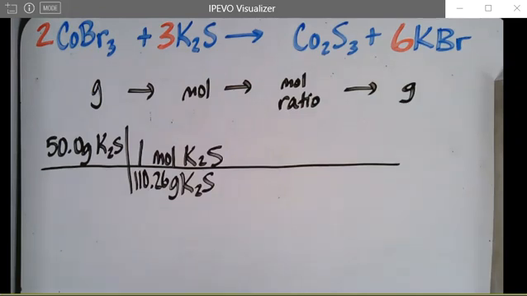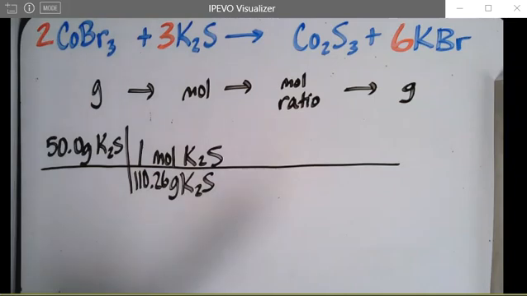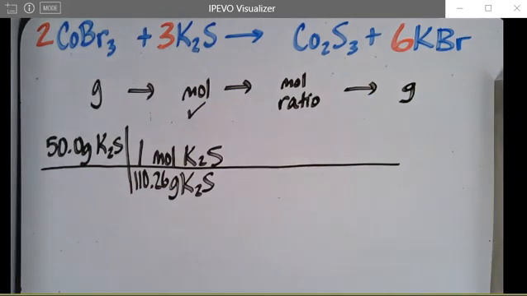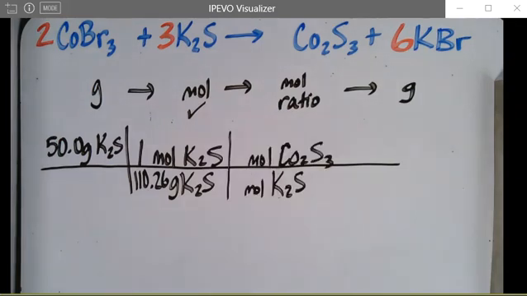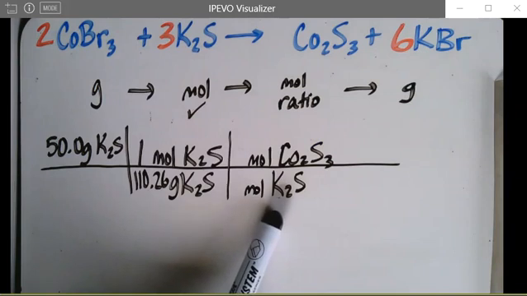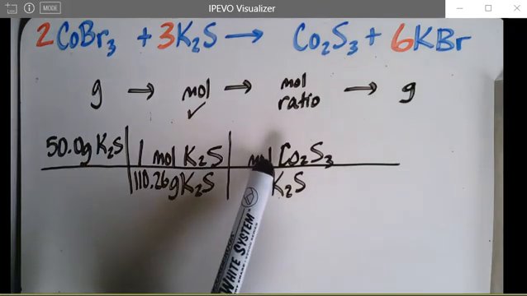So in 1 mole of potassium sulfide, we have 110.26 grams of potassium sulfide. Now that we've completed the first step, we're going to move on to the mole ratio. Go ahead and set up your substances for the mole ratio. Remember, the moles of the given value that you want to get rid of in your stoichiometry setup go at the bottom of the mole ratio, and the moles of the product that you're looking for go up at the top.